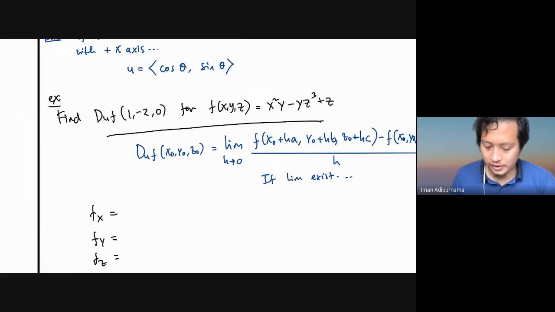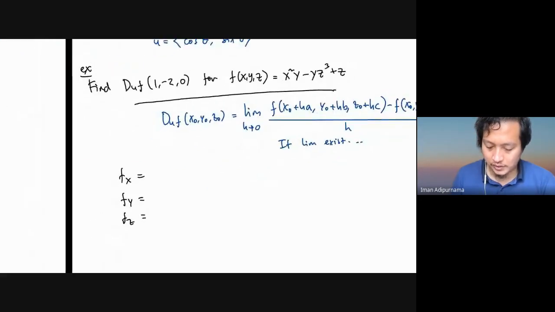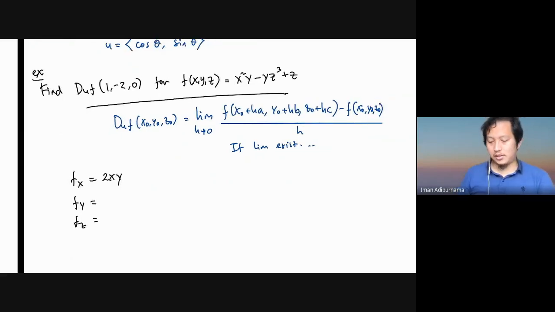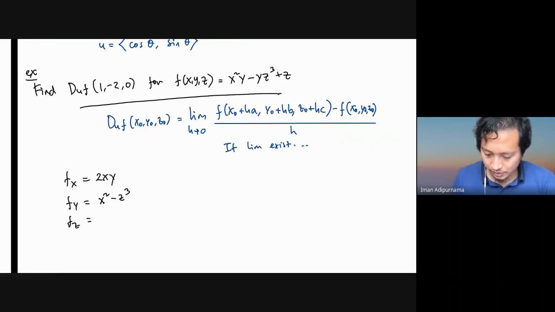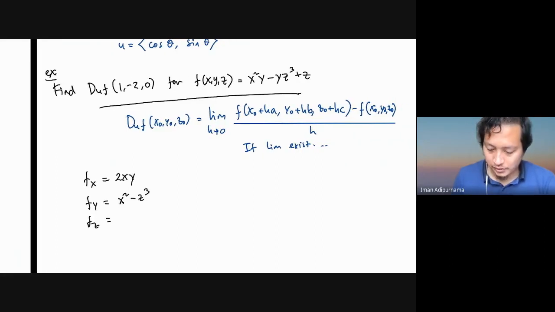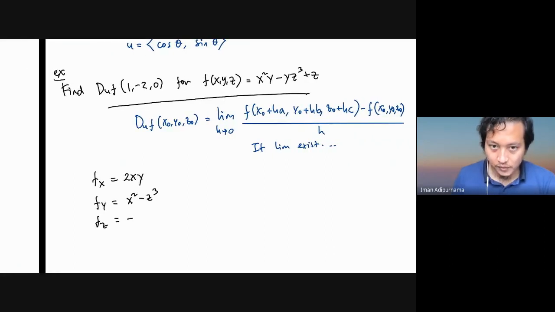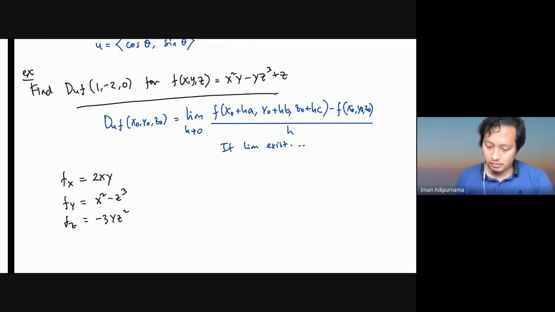So we differentiate with respect to x. We have 2xy, and the other terms will be constant, so 0. Partial of y will be x squared minus z cubed, another will be 0. And partial z will be negative 3yz squared plus 1.